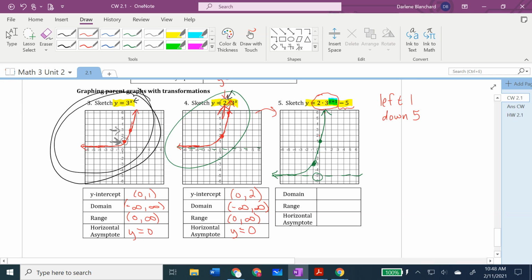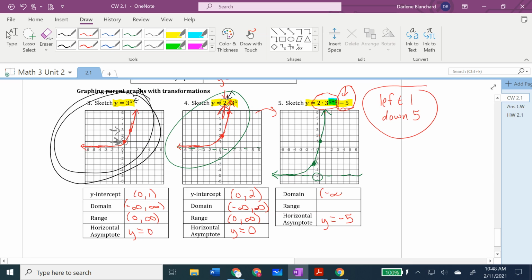The only way your horizontal asymptote is going to be different is when you have a vertical movement. Whatever number you see adding or subtracting here, y equals that number, that's your horizontal asymptote. When I move the graph around, I don't change the domain.